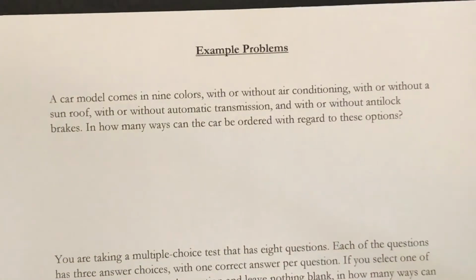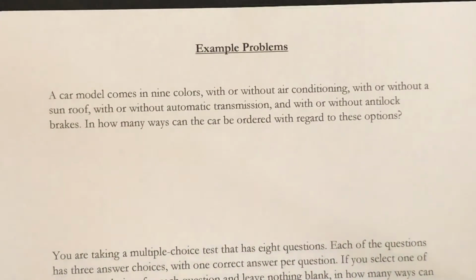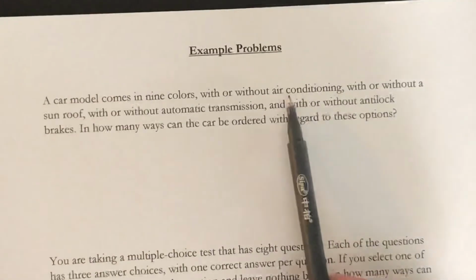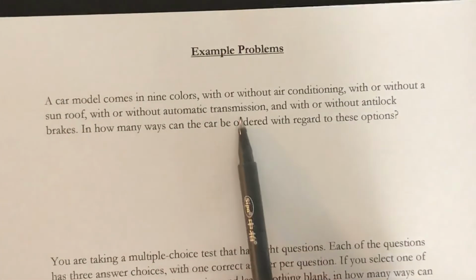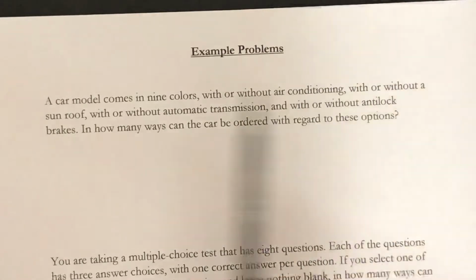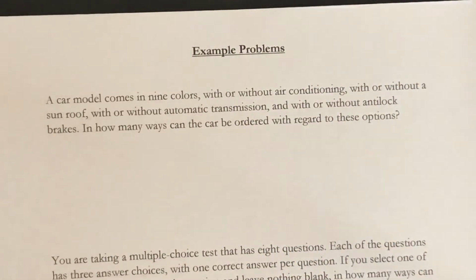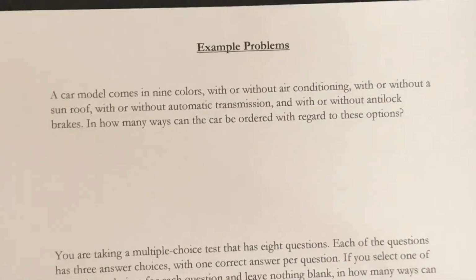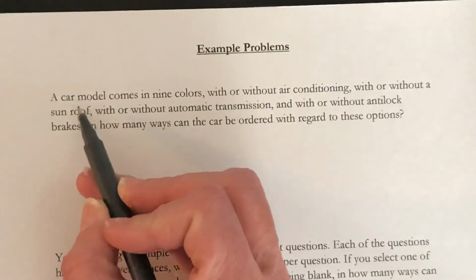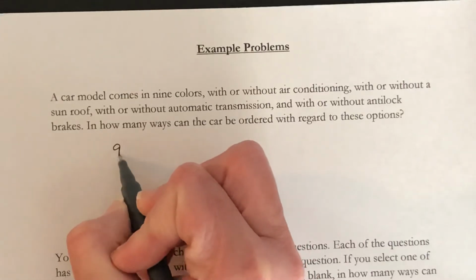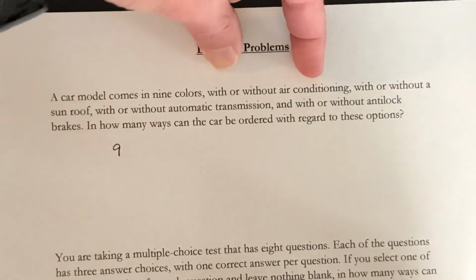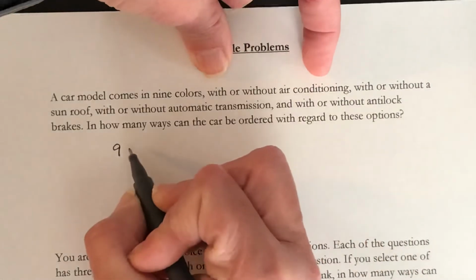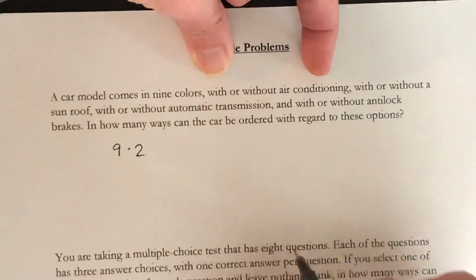Okay, so a couple more example problems. Let's say a car model comes in 9 colors, with or without air conditioning, with or without a sunroof, with or without automatic transmission, and with or without anti-lock brakes. In how many ways can the car be ordered with regard to these options? Okay, so first let's choose a color. I have 9 options there. I need to decide whether or not I want air conditioning, and there are 2 choices there.